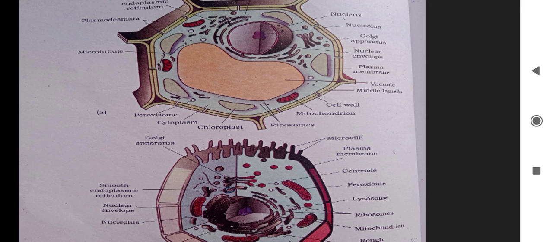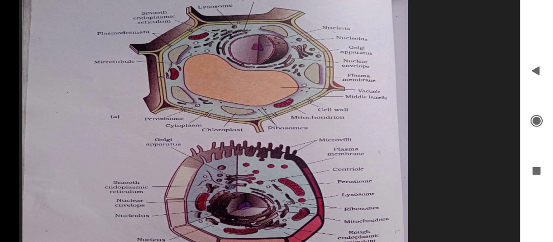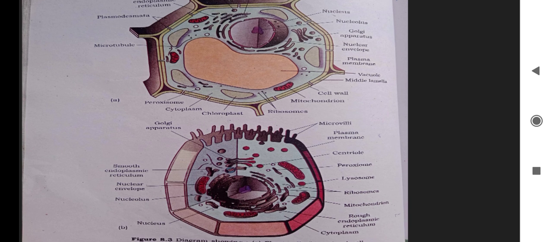Animal cells don't have chloroplast because they don't have the ability to prepare their food. Next, lysosomes occur in the cytoplasm in animal cells, and in plant cells lysosomes are usually not evident. So these are some differences between plant and animal cells.